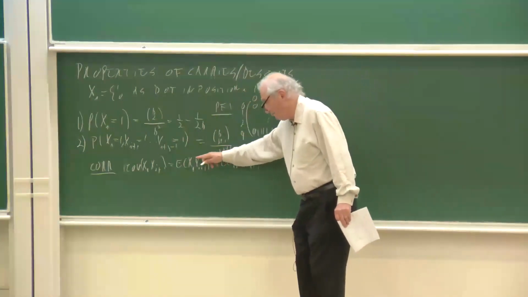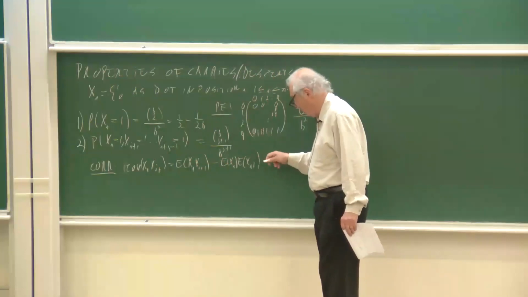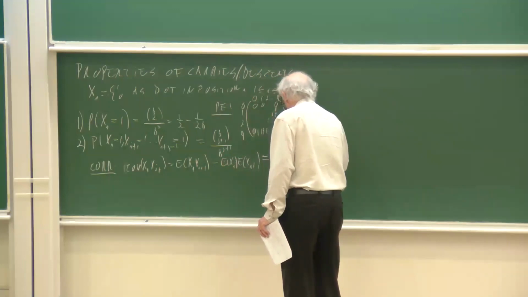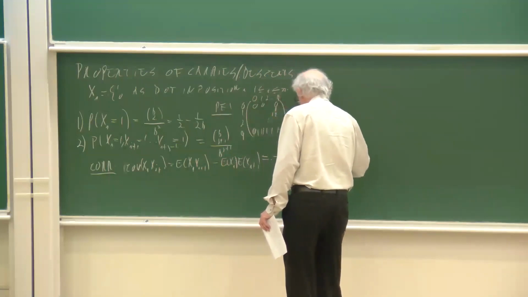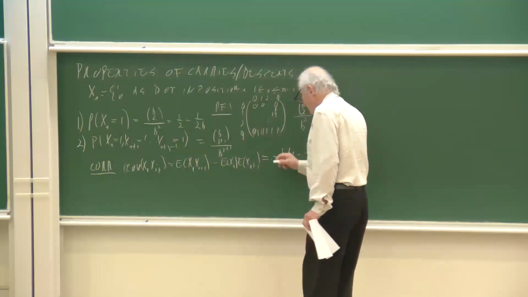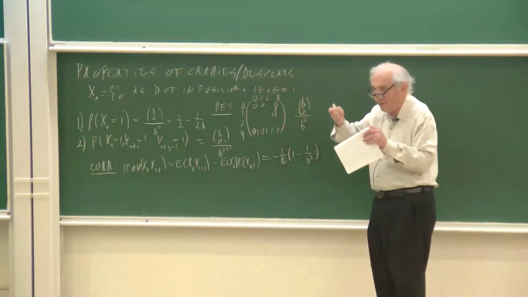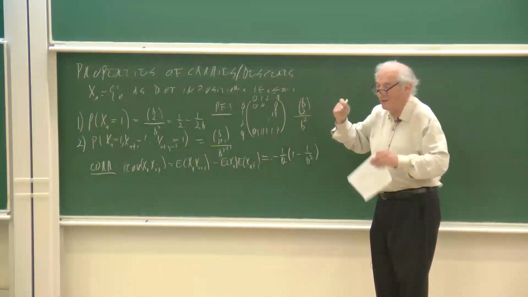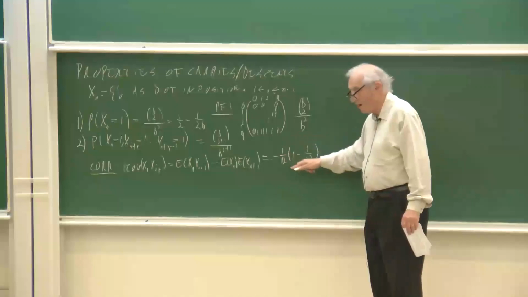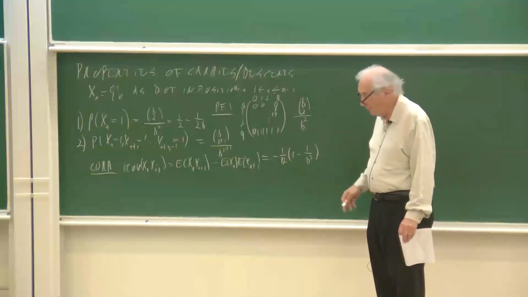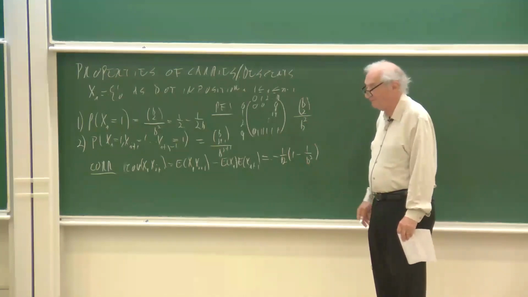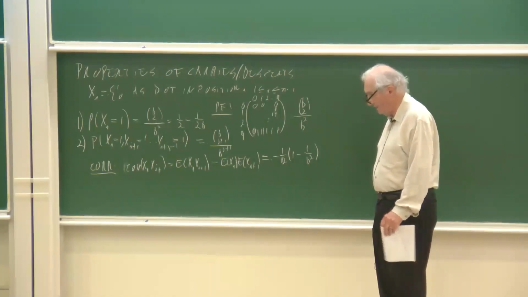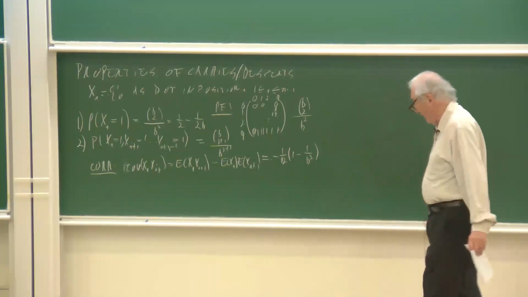Well, this is the chance of having two ones in a row, and this is this number, and so we know what it is. And when the dust settles, it's minus 1 over 12 times 1 minus 1 over b squared. And so consecutive digits aren't independent, whether there's a carry or not, or whether there's a descent or not. They're slightly negatively correlated, and that's what the correlation is. So as b goes to infinity, it goes to minus 1 over 12.